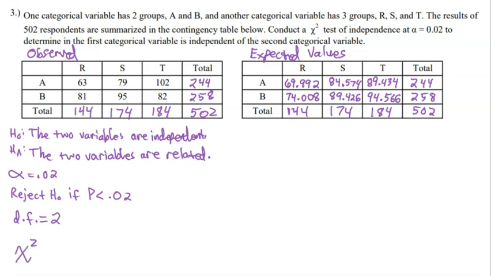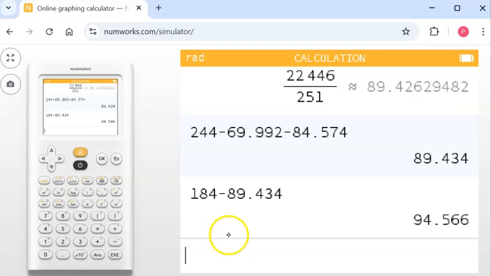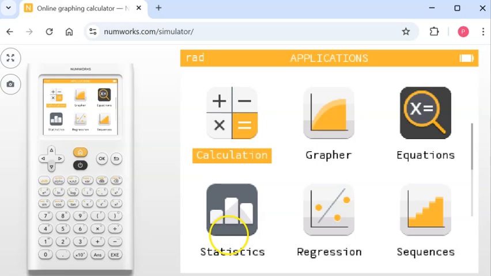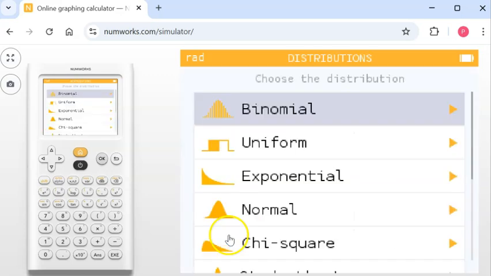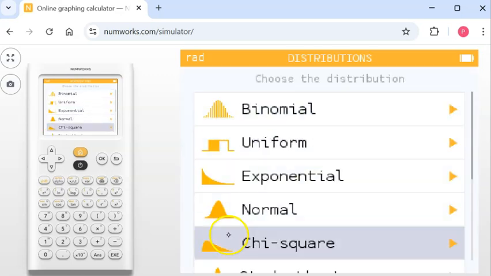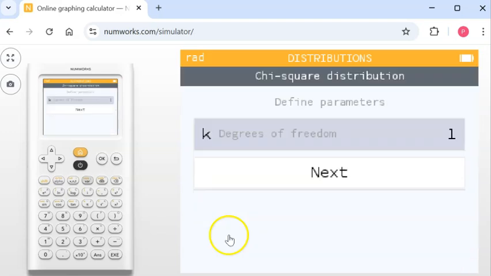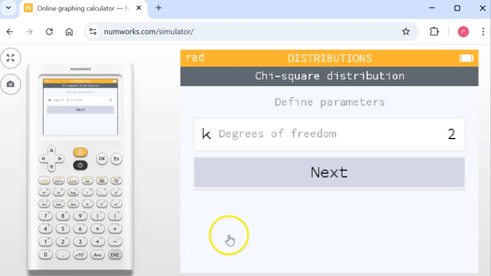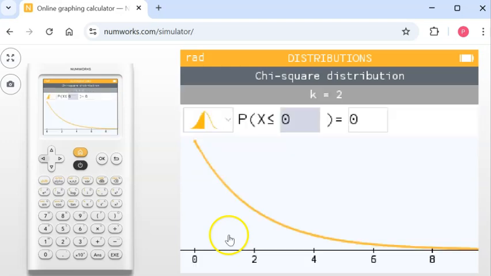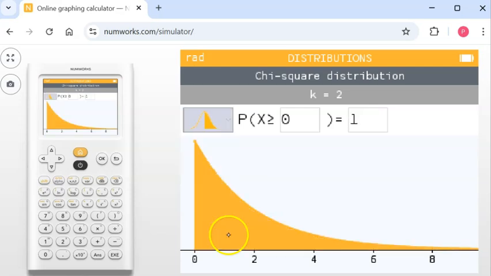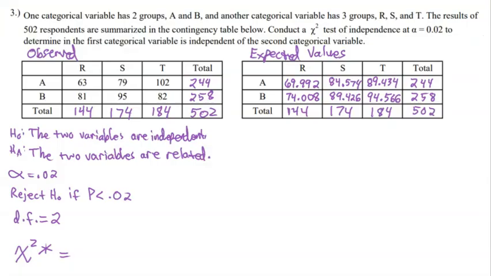So chi-square critical value, we're going to go to the calculator, but we're actually going to go to distributions. We're going to go down to chi-square, and our degrees of freedom was 2, so we're going to say 2, enter, and then next. And now we're going to change it to a right tail test. So come down here, and then we're going to come over here, and our alpha, let's try and remember what our alpha was.